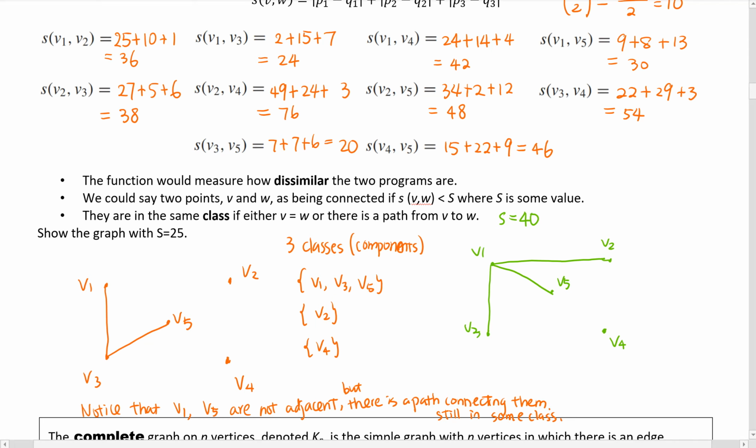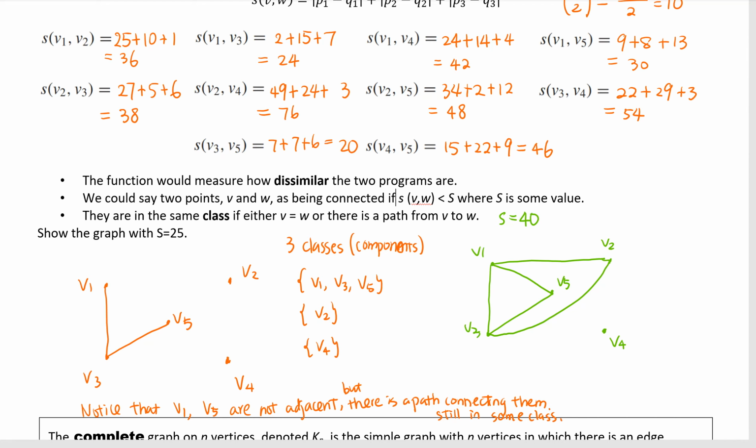V2, V3, there's an edge between them. And V2, V4, there's no edge between them. 76 is a lot. V2, V5, 48 is a lot. 54 is a lot. V3, V5 is here. Okay, and V4, V5, 46 is big.